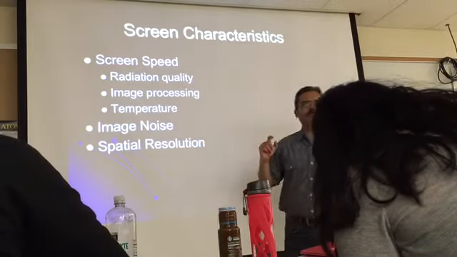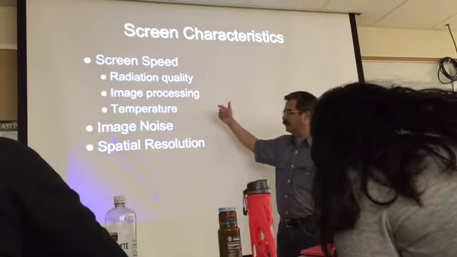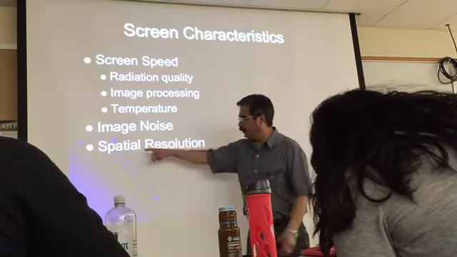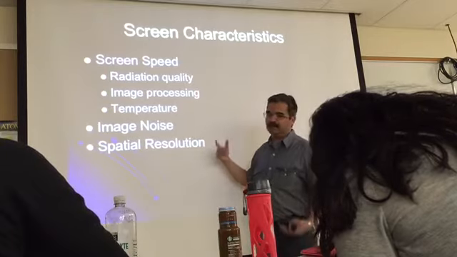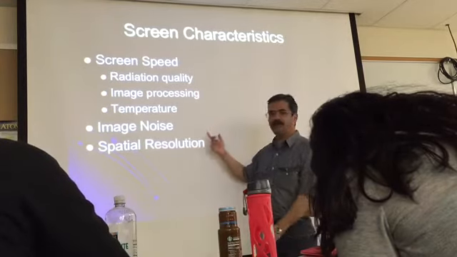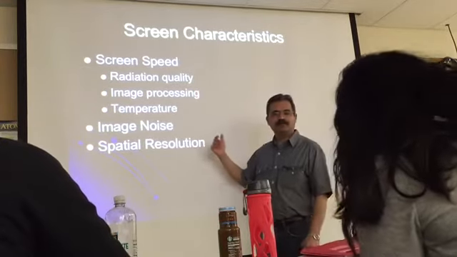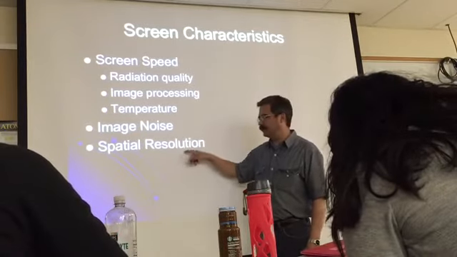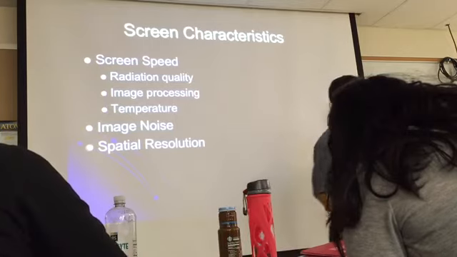And that was common with high speed screens. And the dotted part also influenced resolution. And I've been saying this, I don't know, this is probably my 10th time. With higher speed screens, you lose spatial resolution. Okay.